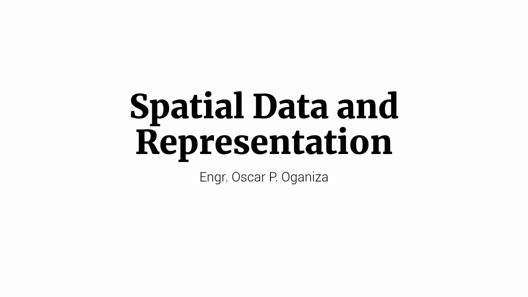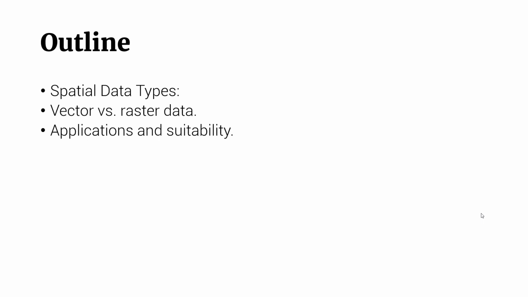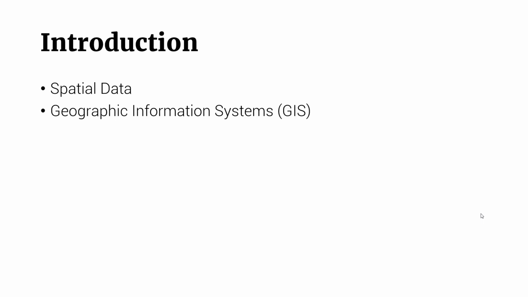So the outline is the spatial data types, the vector and the raster data, and their applications and suitability. So again, spatial data is the information that identifies the geographic location of an area. Sa palengke, sa mall, sa school, those are the spatial data.